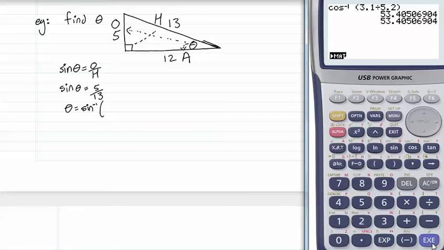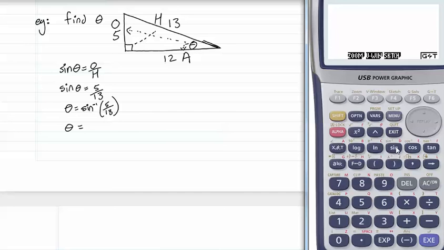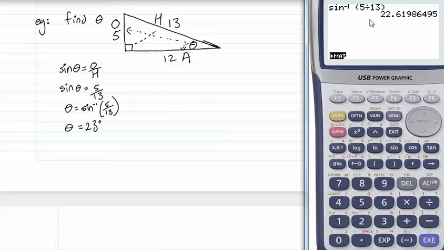We can just leave that as the fraction. And we do that on the calculator. Second function sine to get inverse sine, brackets, 5 divided by 13, close your brackets, and that's an angle of 23 degrees. So the most important thing to remember is that when you're finding an angle, you're using the opposite sine, cos or tan. Inverse with the little minus 1 in your working.